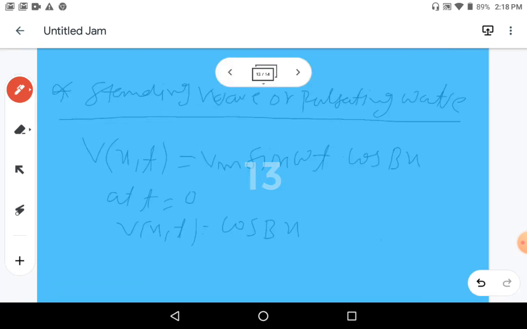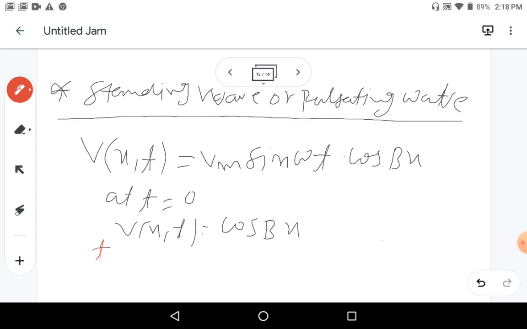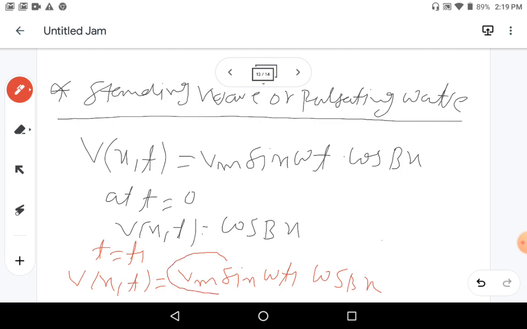Now the second instant, t equals t1, then v of x,t equals Vm sine of omega t1 cos of beta x, and again x is varying, so cos beta x varies. The magnitude of this curve is higher than the previous curve.